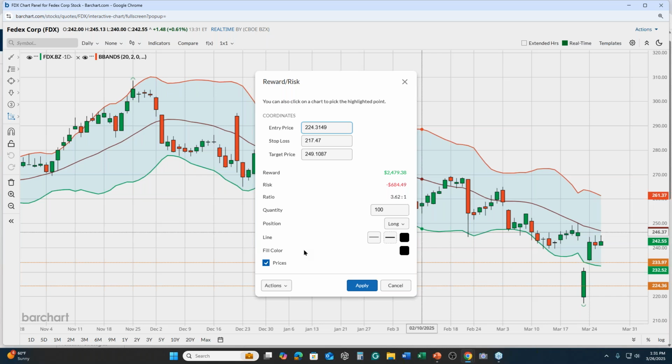Again, I really kind of like to find those 5 to 1 trades. Now, maybe we could have lowered our risk a little bit at the 30-minute time frame. Maybe we could have done down to the 15-minute time frame to lower our risk. But again, you have to make that decision as a trader if you're going to take that trade.